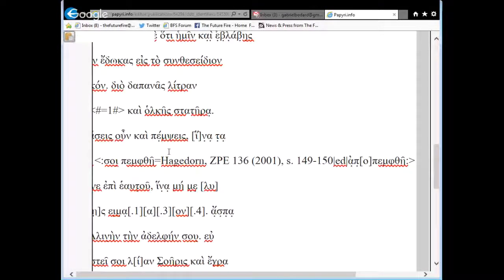So on line 13, we have, what did it say? Okay, epi heautu, we correct to epi sautu. So this is even easier because I can just copy and paste most of it. So we have a new reading, which is from Hagedorn, and we have the old reading.